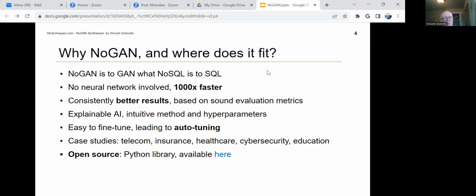So why did I come up with NoGAN, and where does it fit? When I organized a certification in generative AI, I had a number of participants. We worked a lot on GAN, the generative adversarial networks, and we faced a lot of issues on some particular data sets, depending on the kind of features involved.